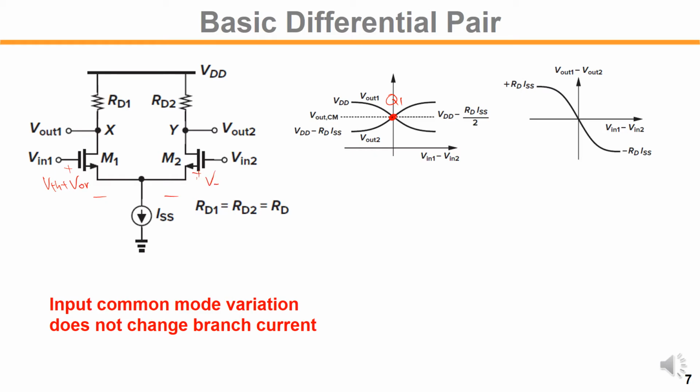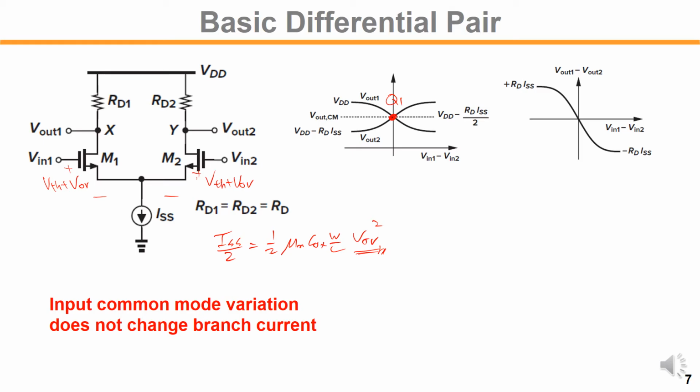Here, how is the overdrive determined? ISS over 2 will be half mu n Cox W over L times Vov squared, right? So we can find that overdrive. Or from the simulation, you can check the overdrive of both M1 and M2, right?